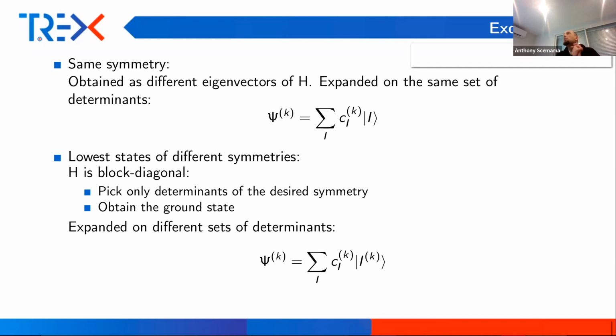If you have a badly described ground state and you take an excited state of the same symmetry, your excited state will be orthogonal to something which is badly described, and so you might get something wrong too. So it's important to keep in mind that when you have excited states of the same symmetry, you need to have all the states below well described so that you get something which is relevant.